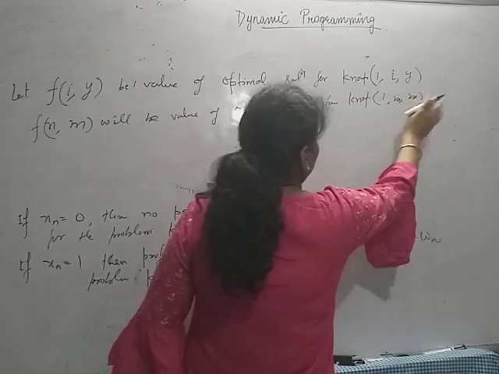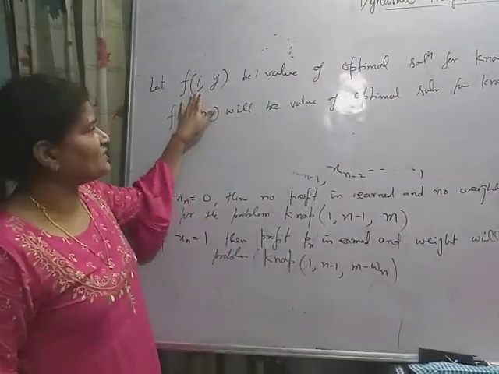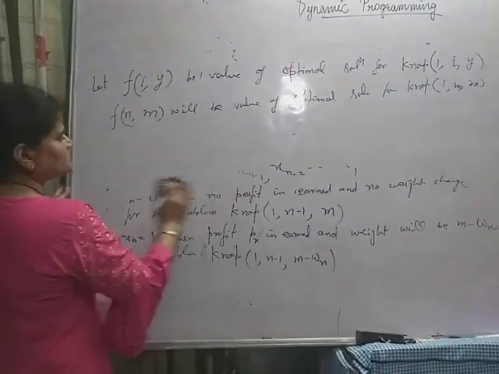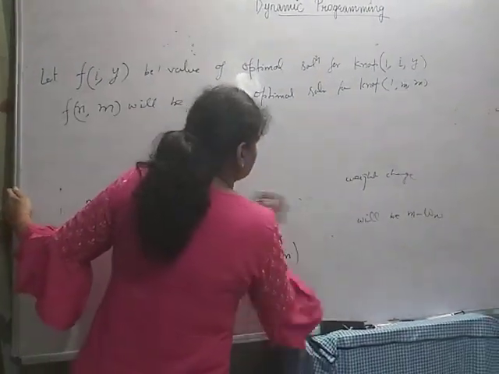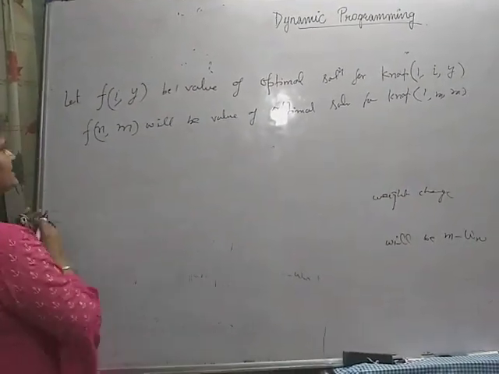This is actually the original problem, and after taking the decision for i objects, the problem statement will be changed. Here this is defined recursively, as a recurrence relation.